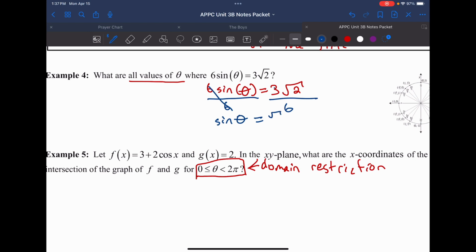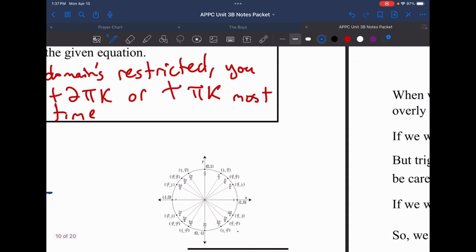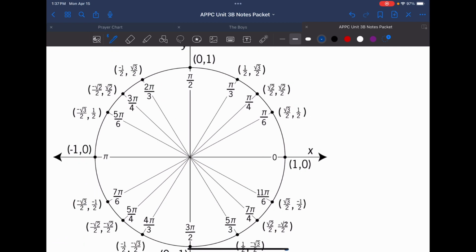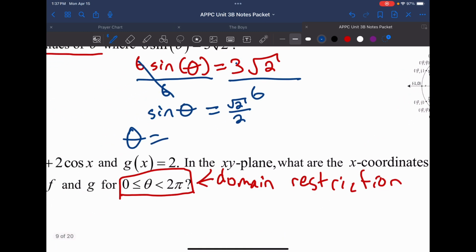So I'll have square root of 2 over 2. And now I'm going to look on my unit circle for what theta values give me square root of 2 over 2. So I'm going to say theta equals, let's find the first one. Square root of 2 over 2 happens at pi over 4. So pi over 4 is one of the answers.